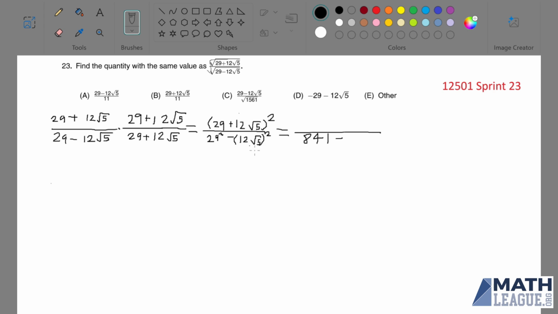And then we're subtracting 12 root 5 squared. Now 12 squared, that's 144, and 5 squared is 5. So now we need to find 144 times 5. And an easy way to calculate multiplying by 5 is to either multiply by 10 and divide by 2, or divide by 2 and multiply by 10. With 144, that's divisible by 2, so that's easy to divide by 2. 144 divided by 2 is 72, times 10 is 720.